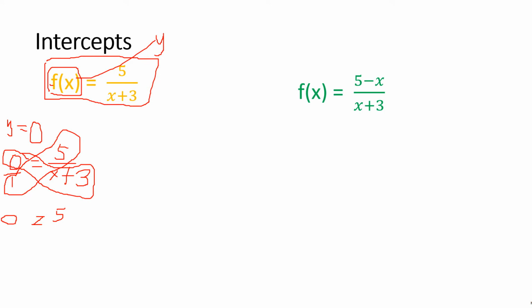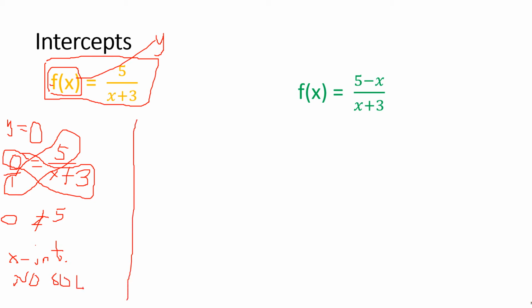That is not true. It is true that 0 is not equal to 5. Since we don't have variable x here, we can say that x-intercept doesn't exist. Okay, so for our x-intercept, there is no solution.